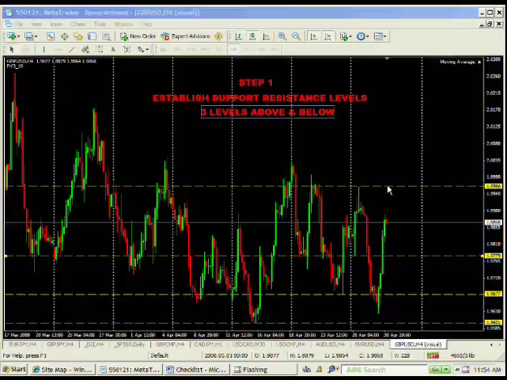So because the decisions are made at these levels, it is imperative that we take trades only at or very close to these levels. If price is in here at the close of this bar, don't even worry about it. Go to lunch. Go play a game of golf. Okay, because once, see how this bar closed here?